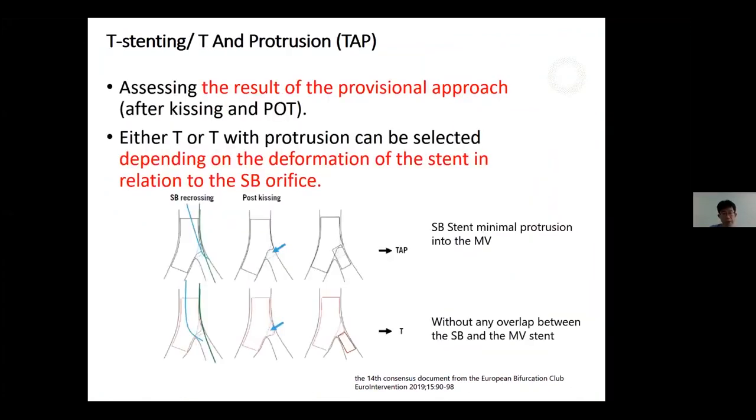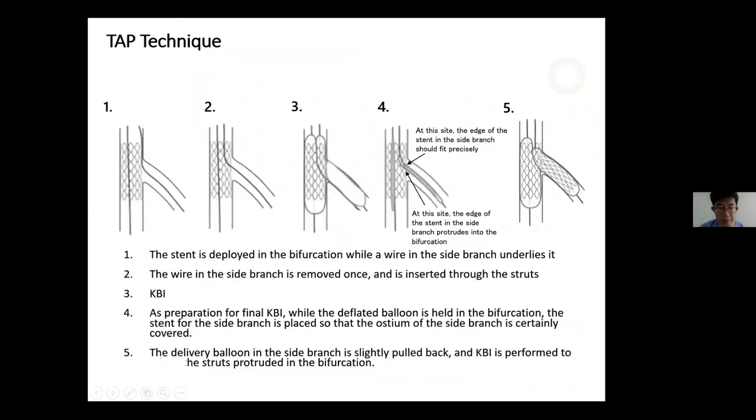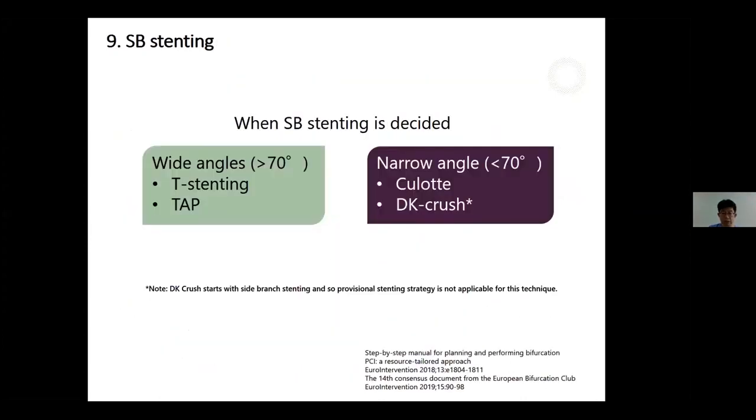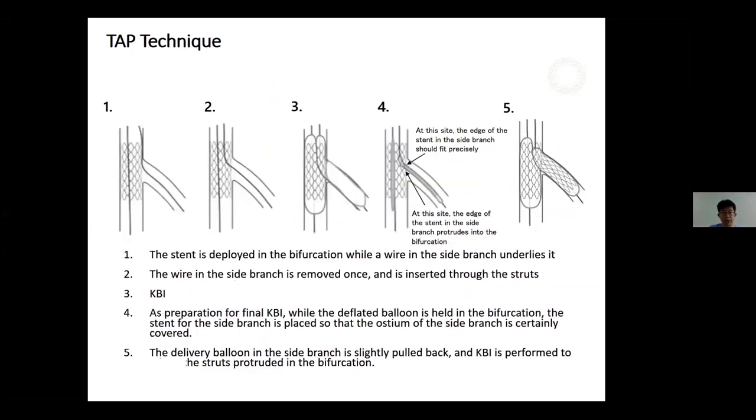So I will explain the T-stent technique, or TAP technique, here. First, the stent is deployed in the bifurcation while the wire stays in the side branch. The wire in the side branch is removed once and then inserted through the strut, and KBI is performed first as preparation for the final KBI.